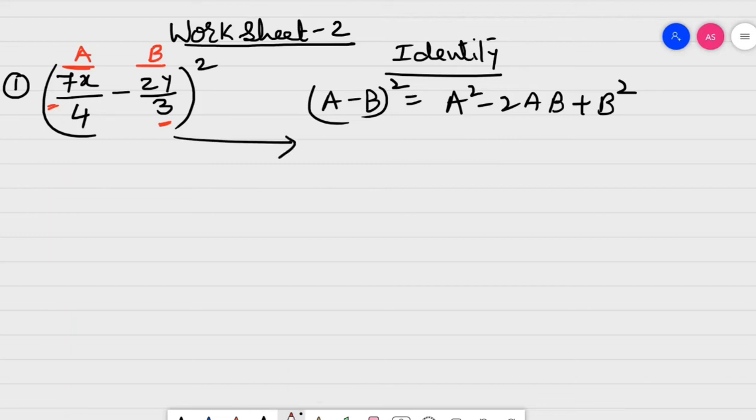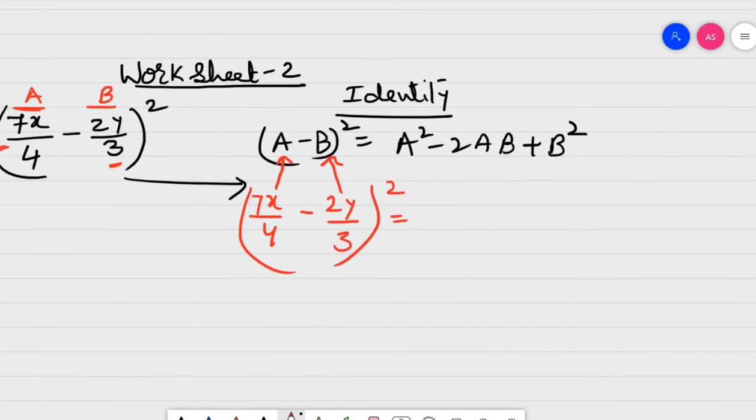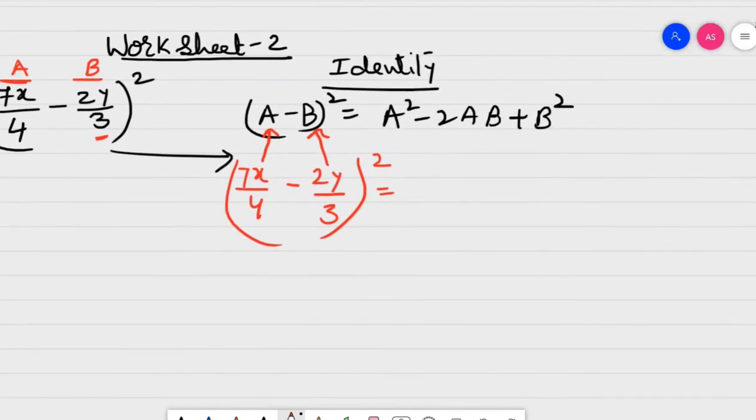Now see what you will get. 7x by 4 minus 2y by 3 whole square. So how? You are considering this as A and this as B. Now simply put the values to get your answer. Now see what you will get. Now see, 7x by 4 whole square.